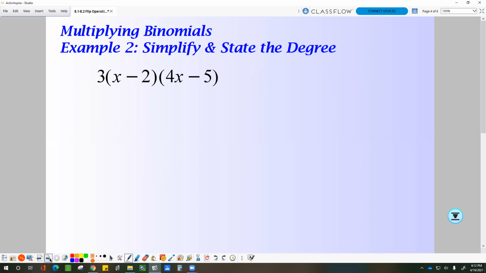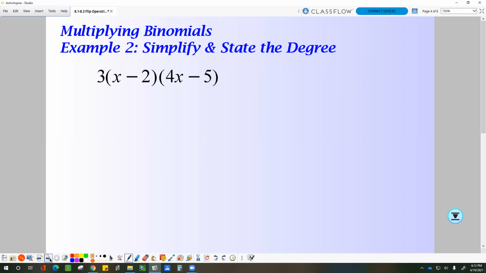You will need to be able to multiply binomials, excuse me. Here we have a constant times 2 binomials. So to start this, I'll need to multiply the 3 into either the first group or the second group.